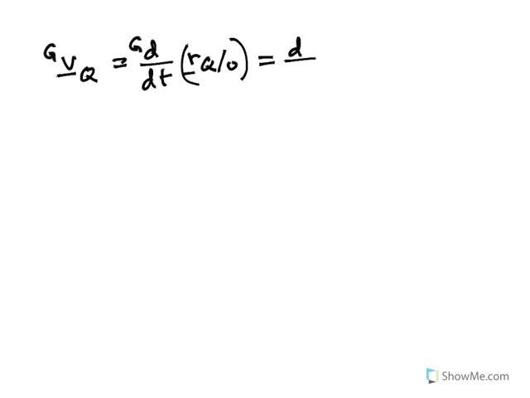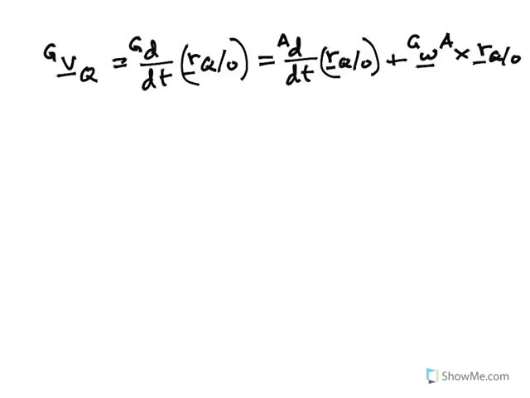The velocity of Q as viewed by an observer fixed to the ground is equal to the rate of change in the ground of the position of Q relative to O. Because the position of Q relative to O is expressed in a basis that's fixed in the first arm, this is going to equal d dt in A of the position of Q relative to O plus the angular velocity of A in G crossed with the position of Q relative to O.